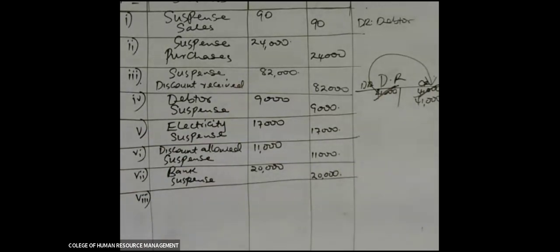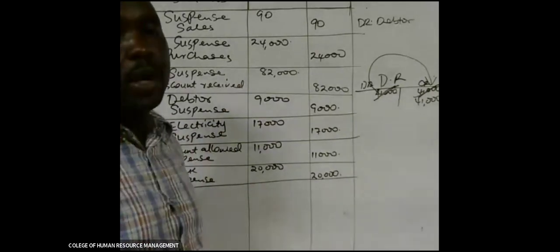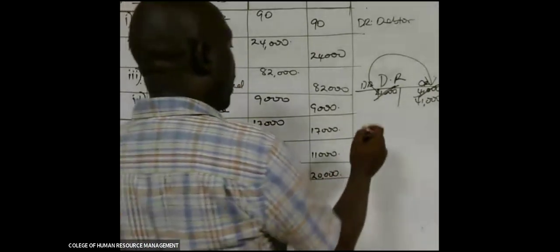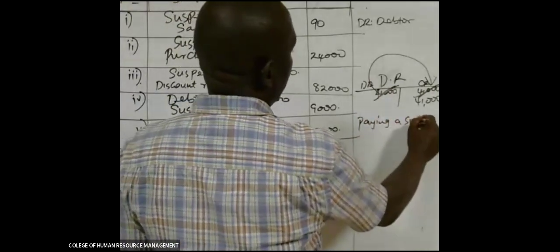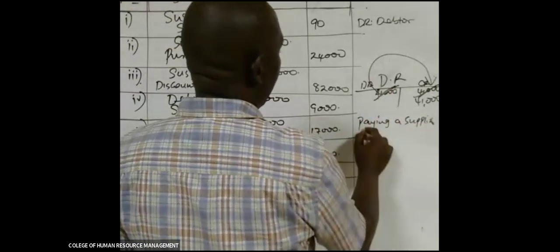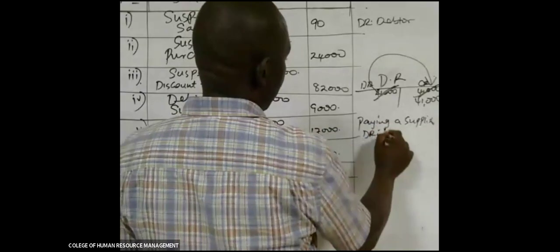Number 8, a payment of 5,000 to a supplier had been credited to the supplier's account. I think I've talked about the same. When you are paying a supplier, the supplier should be debited.